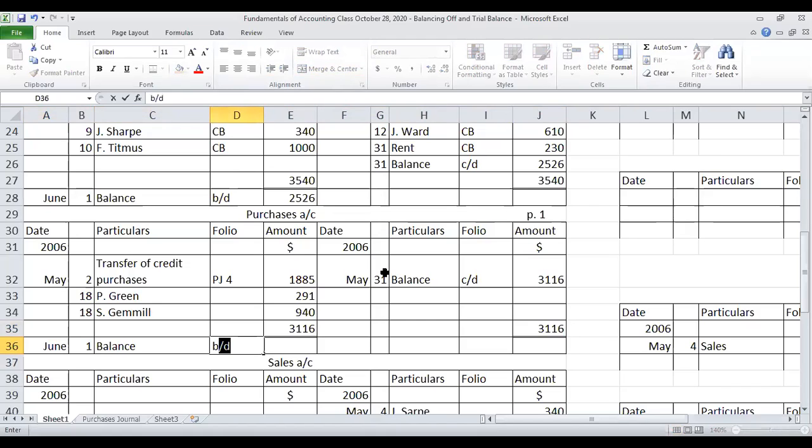Balance BD 3,116. Therefore, your purchase account has a debit balance of 3,116, right?